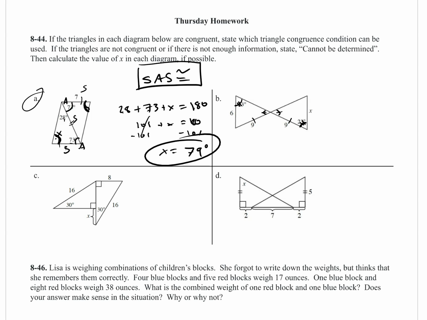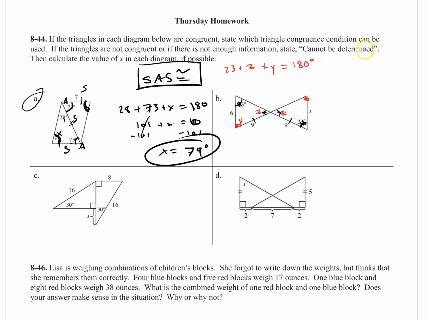And what makes this one tricky is, even though they don't tell you this angle, you can figure it out. So if you call this middle angle like Z, we know that 23 plus Z plus, let's call this Y, equals 180.